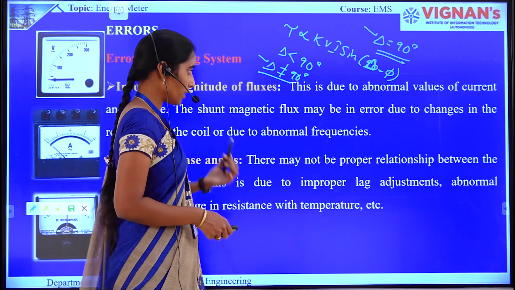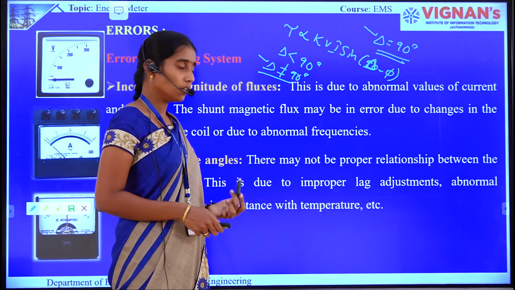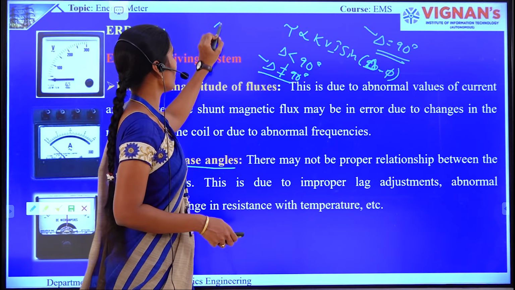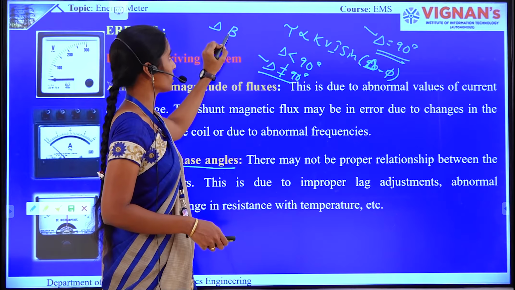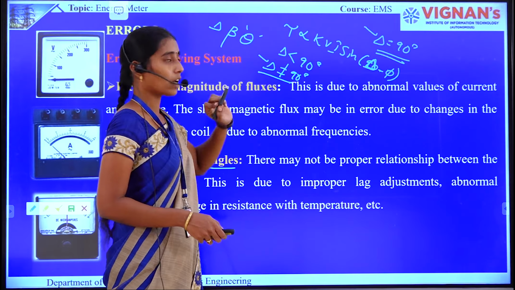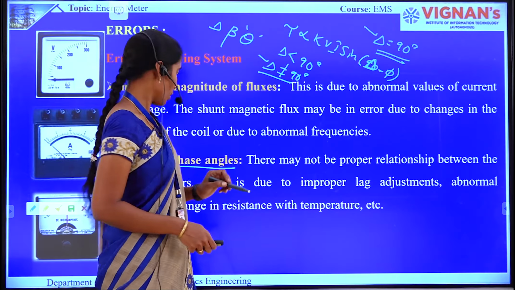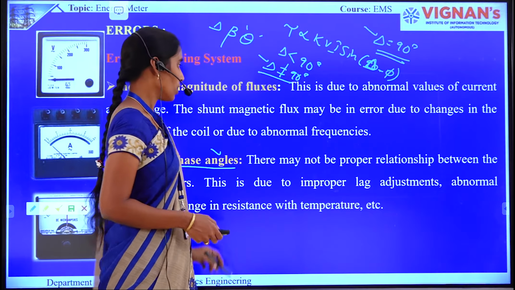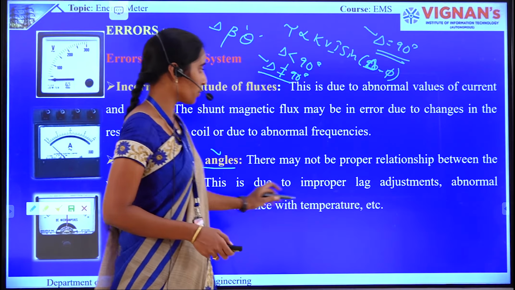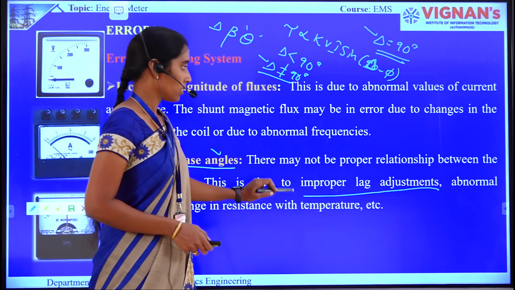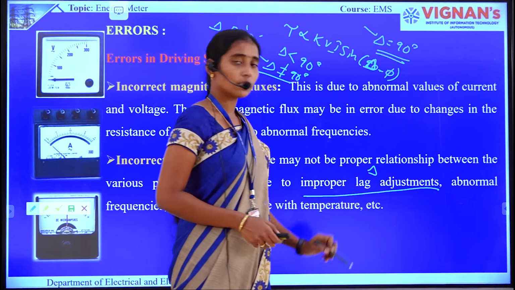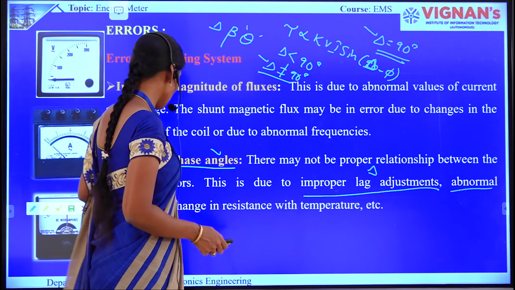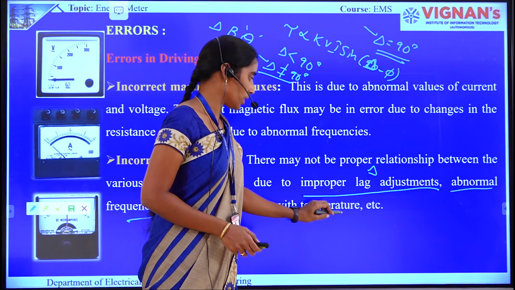So if the lag adjustment is not properly done, what happens? It affects the phase angles. That means your delta gets affected, your beta gets affected, and finally your phase angle theta gets affected. So your phase angle adjustment should be correct. Clear? So the phase angle errors are due to improper lag adjustment, that is, adjusting your delta value, and abnormal change in frequencies and change in resistance with temperature.